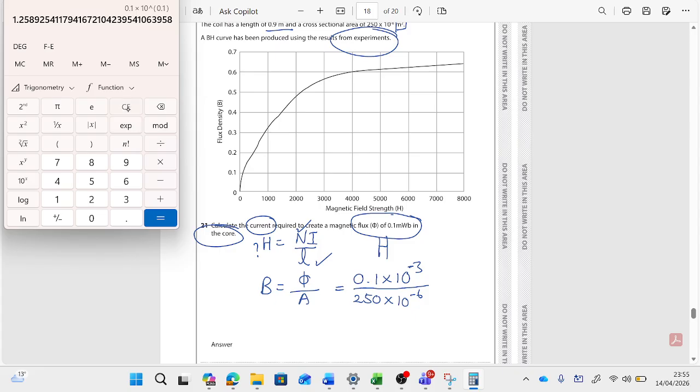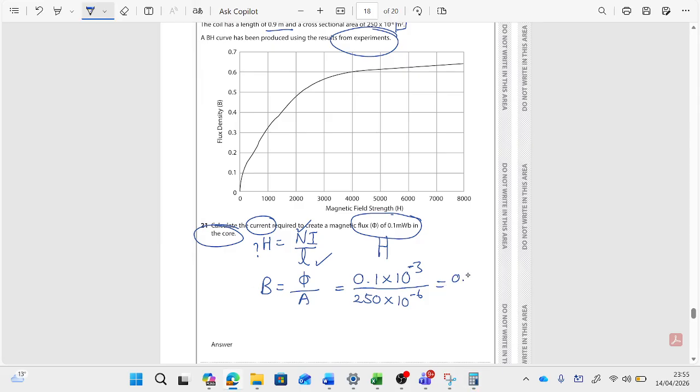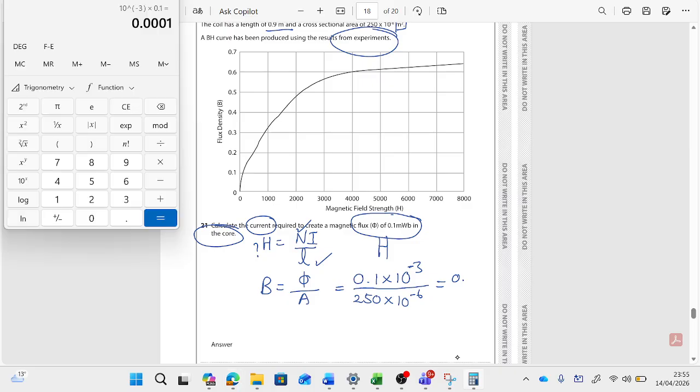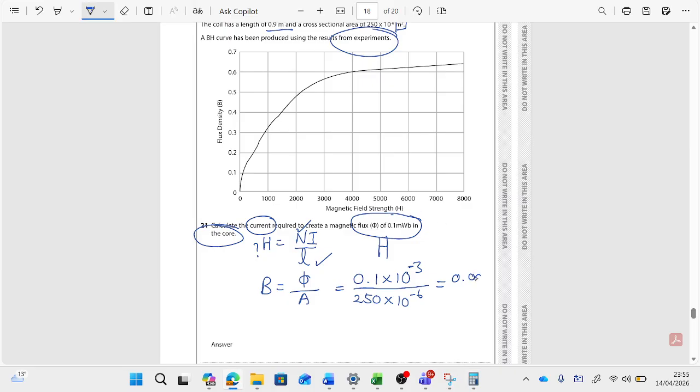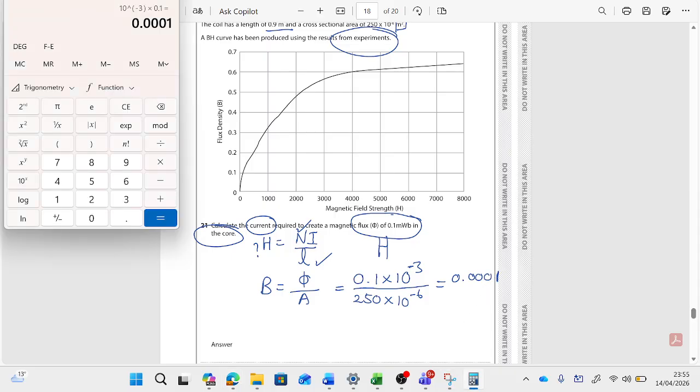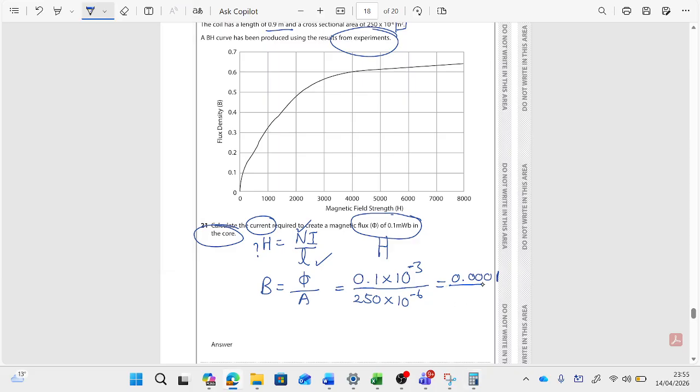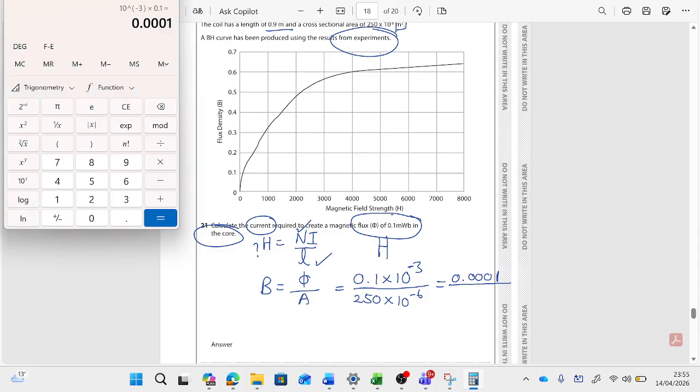Okay, I see what it's doing. So I need to do 10 to the negative 3 to the power of 10 multiplied by 0.1. So that will give me 0. I mean, I know that, but I just want to demonstrate this on a calculator for you, in case some of you simply use a calculator in the exam. It's a bit too late now.